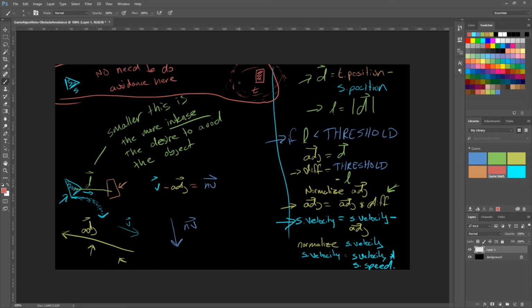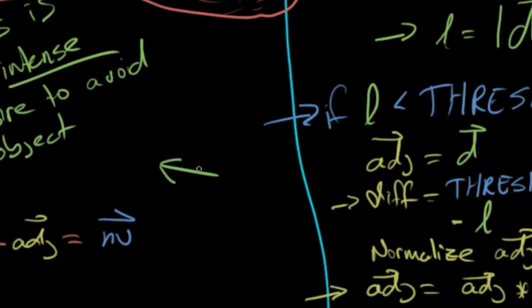In order to do that, we get the adjustment vector, which is the distance vector. By the way, our distance vector points that way. If our source is here and our target is here, our adjustment vector points this way. We want to push the object away from the target. So our adjustment vector is our distance vector, and then we get the difference between the threshold and the length.